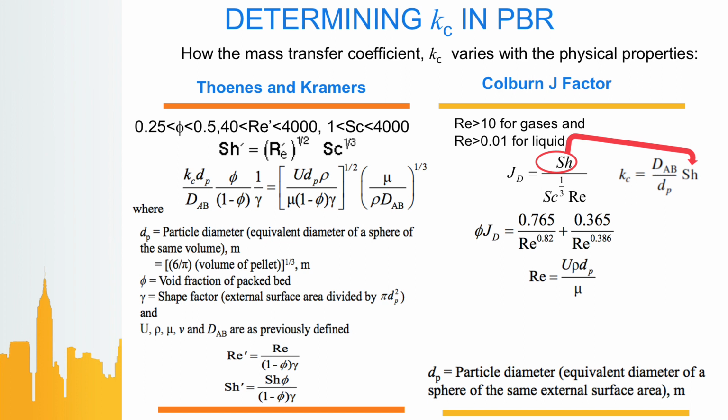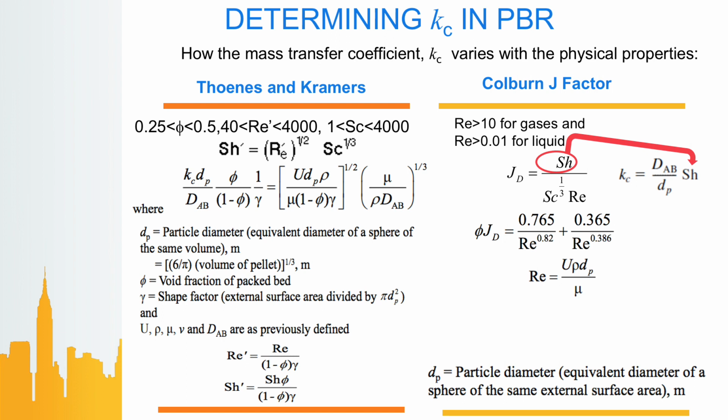But before you solve that, you need to solve for JD. You can solve JD using equation 11.69 in your textbook, but solve first for the Reynolds number, then insert back into equation 11.69. Once you get the value of JD, you can calculate your Sherwood number using equation 11.68.